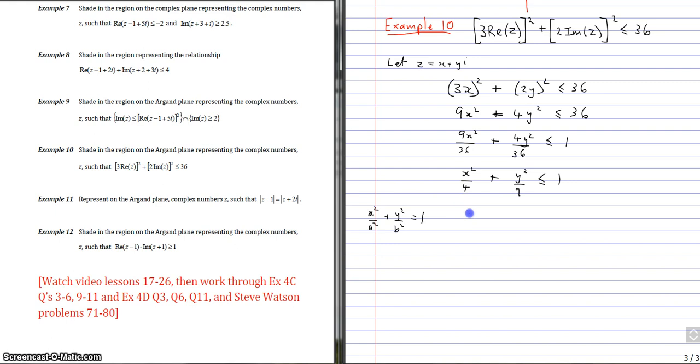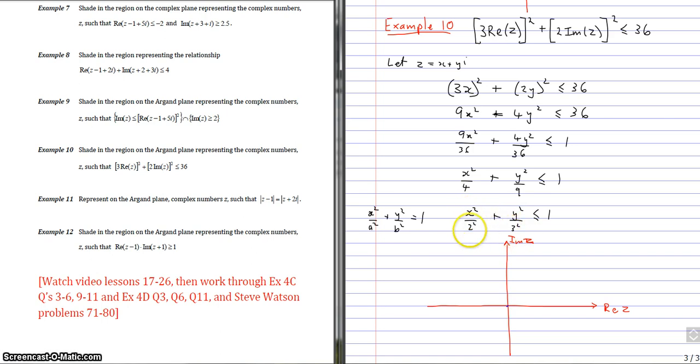So we've got x squared over 2 squared plus y squared over 3 squared is less than or equal to 1. Now because it's just x squared and just y squared in the numerators, we know that the centre of this ellipse is at 0, and our semi-major and semi-minor axis lengths are 2 and 3.